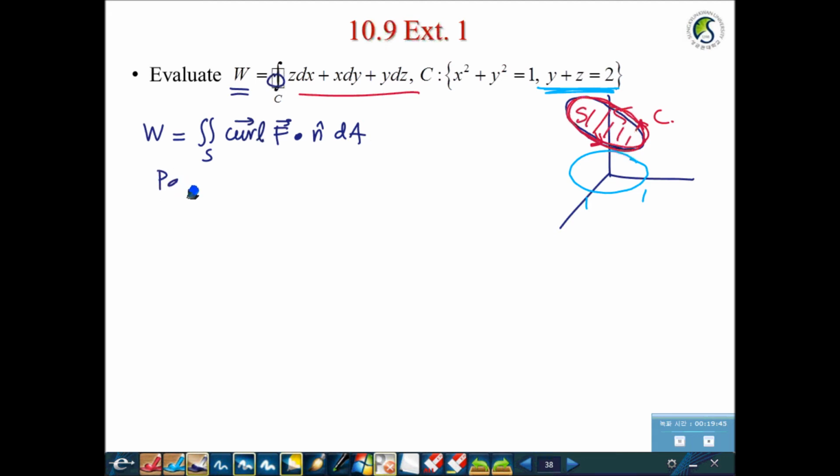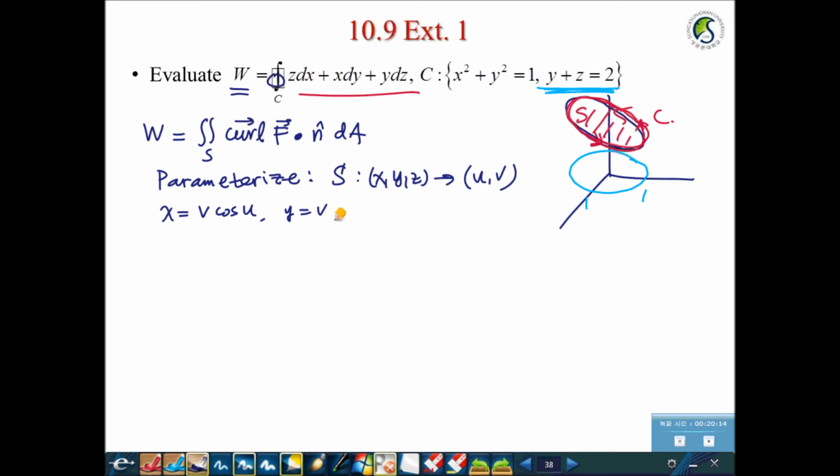So we parameterize our surface to be in u and v. For that parameterization, x is v cosine u, as we do with cylindrical coordinates, y is v sine u, and z is 2 minus y, which is 2 minus v sine u.